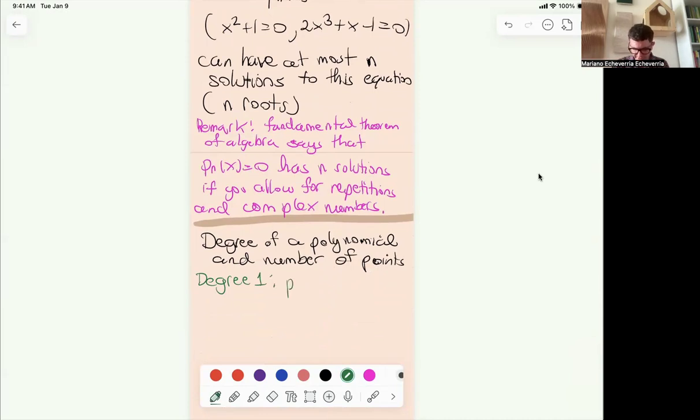Again, I'll just write it in this notation, this is a line, right? So the usual thing to say is that to specify a line, if you give me 2 points on the plane, I can find a line that passes through these 2 points, right?